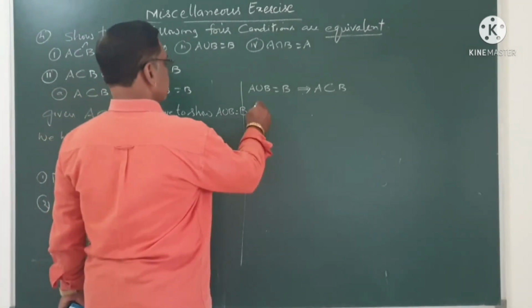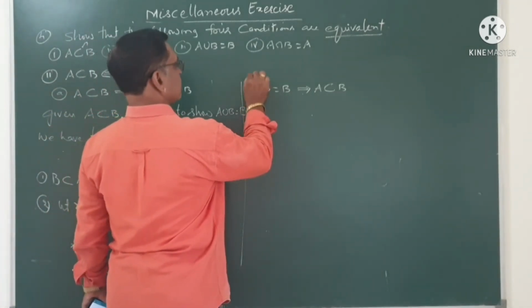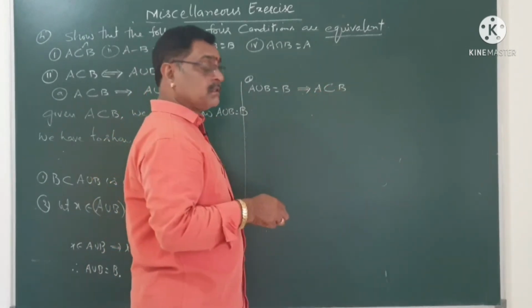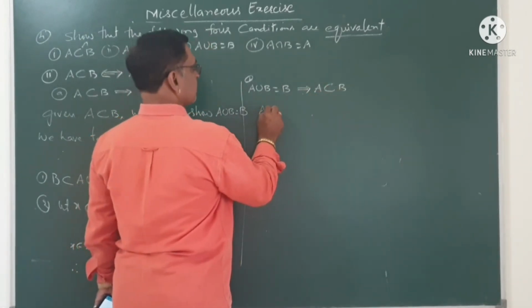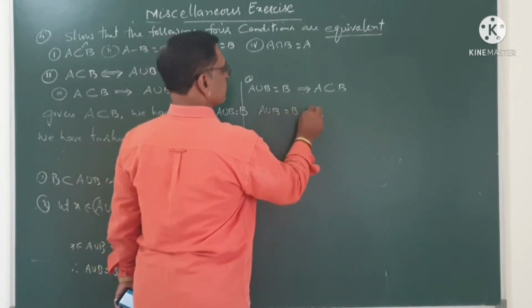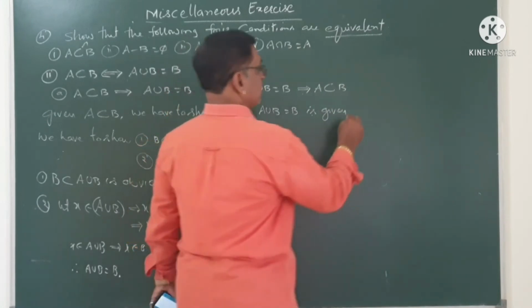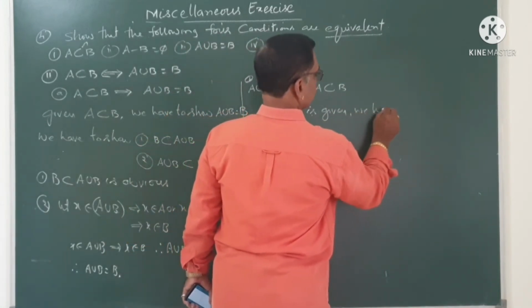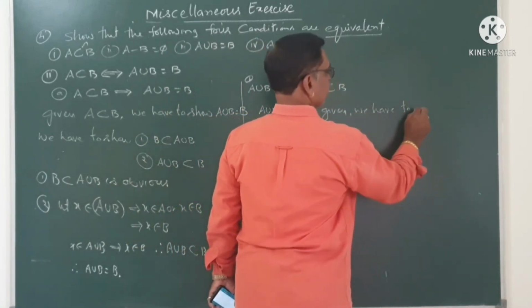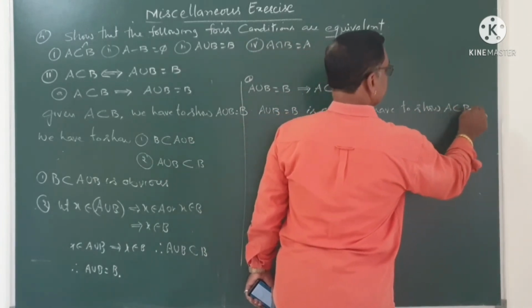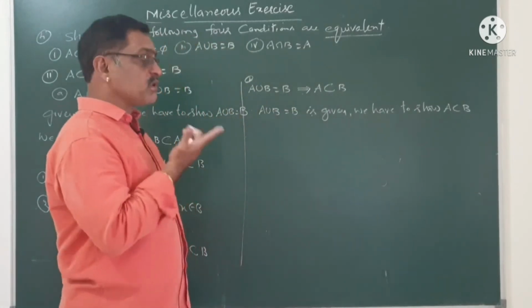Next one. A union B is equal to B is given, and we have to show that A is a subset of B. How can you show it?